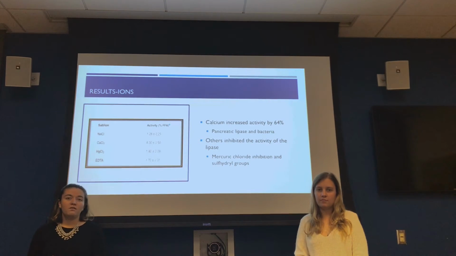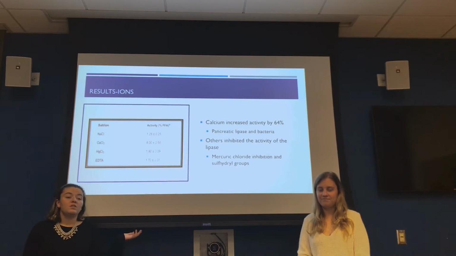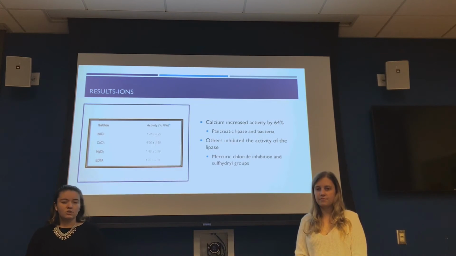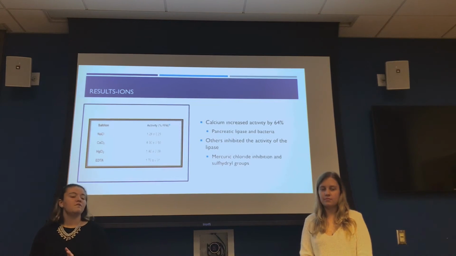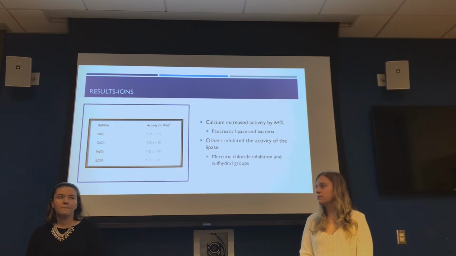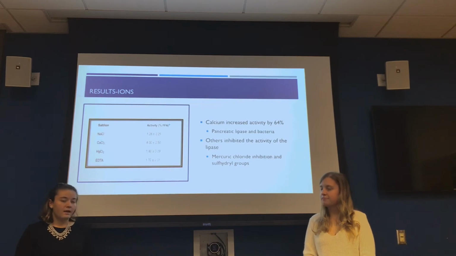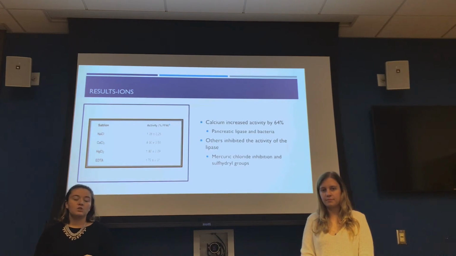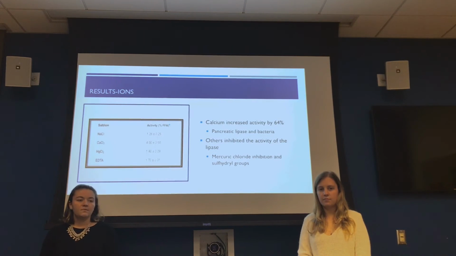This is supported by what I talked about earlier, the bacterial form of the enzyme having a cofactor of calcium. And in our research, we also found a similar enzyme, which is pancreatic lipase in humans, and this also has a calcium cofactor.